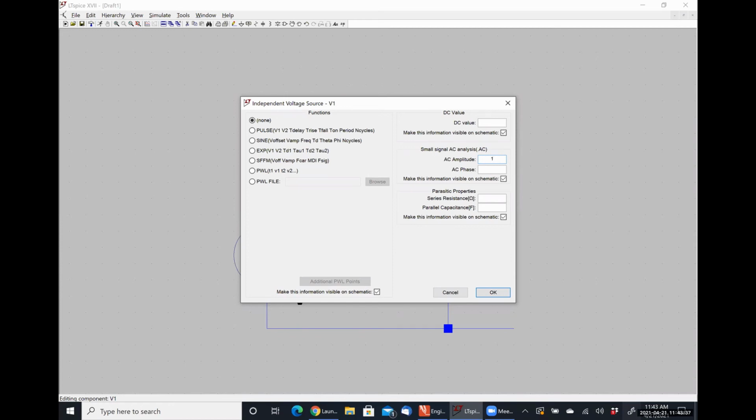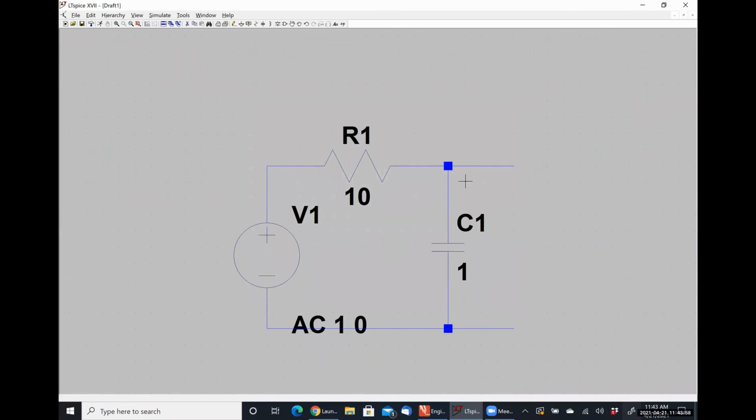That way, it's treating my input signal as a 1 volt signal over all frequencies of interest. So in the frequency domain, it just looks like 1 angle 0 for all frequencies. I'm going to leave my phase blank, or I can put it at 0. So I'm just saying I'm not introducing some extra phase into this, and I'm going to press OK.